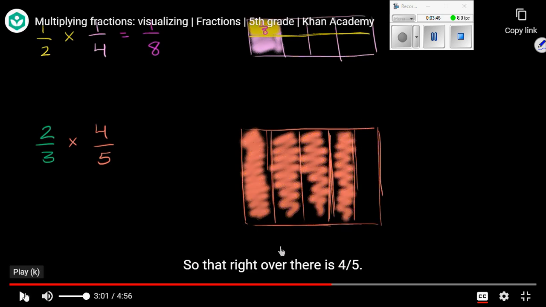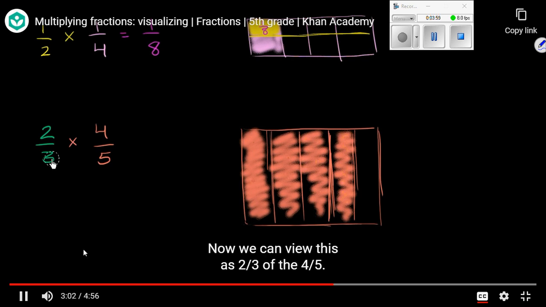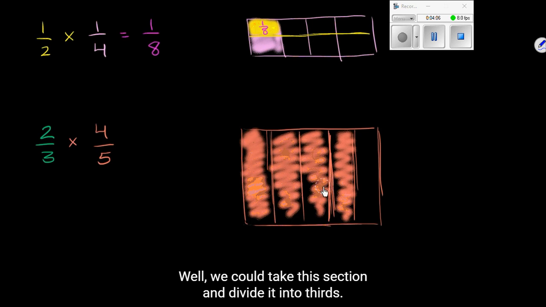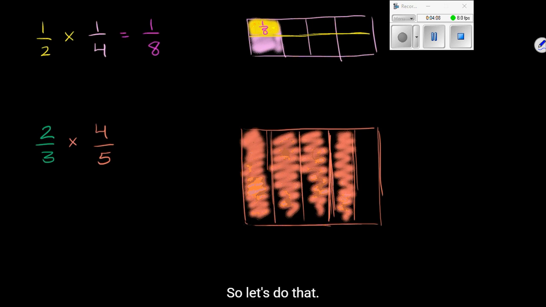Does everyone understand why that represents 4/5? You're looking up here, okay? That's 4/5. Okay, so we want 2/3 of 4/5. Of means multiply. 2/3 of 4/5. Now we can view this as 2/3 of the 4/5. So how can we think about that? We can take this section and divide it into thirds.